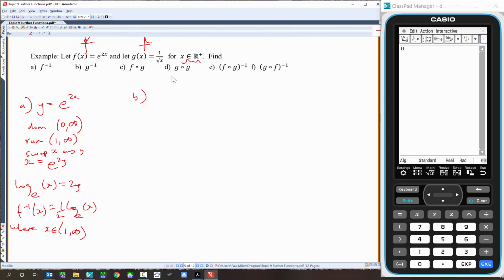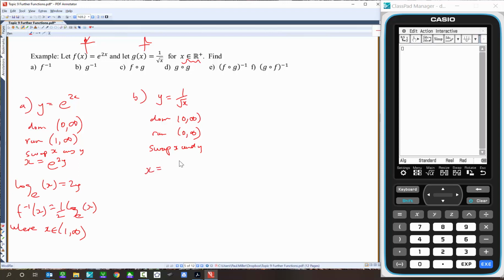All right, there we go. B, g negative 1. So we're going to inverse this thing here. Okay, so what we're going to do is y equals 1 over root x. The domain is 0 to positive infinity. The range is also 0 to positive infinity. Right, so we're going to swap x and y.